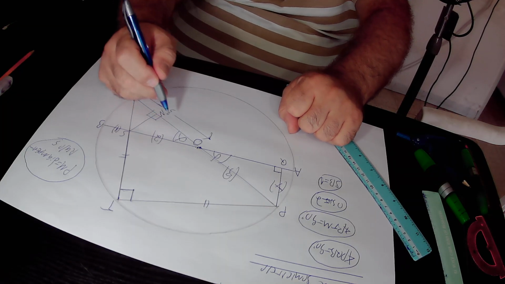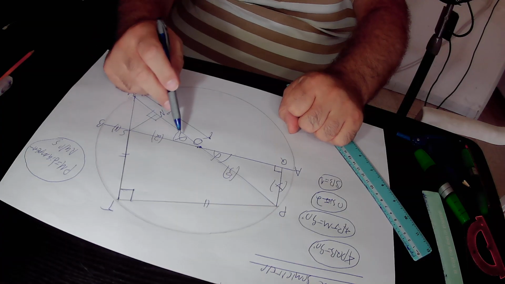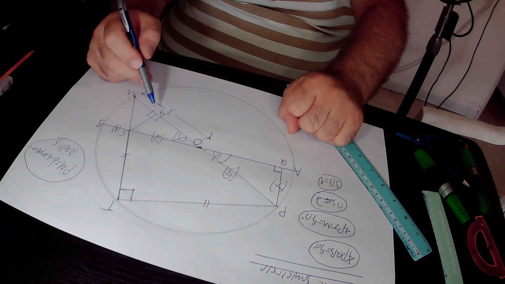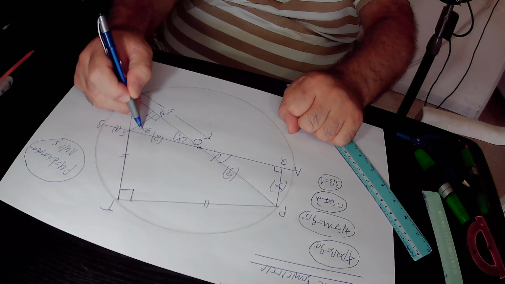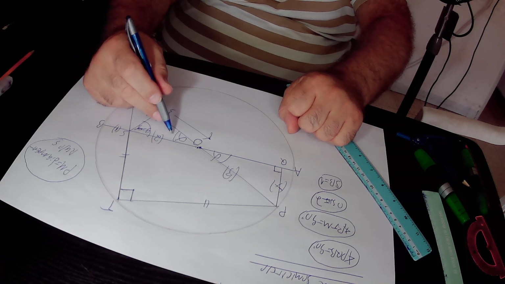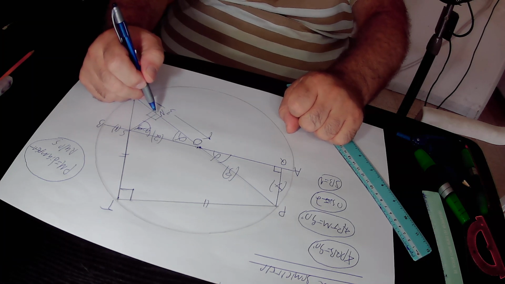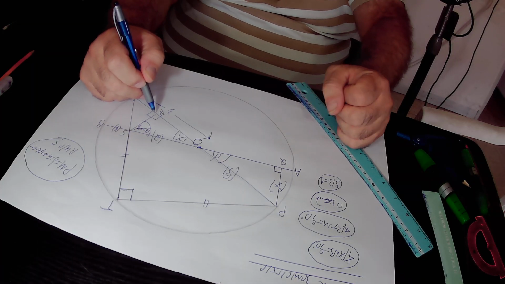So in the right triangle ONS, this angle equals alpha, this angle equals 90 degrees, and therefore this third missing angle must be equal to 90 degrees minus alpha. Why? Because 90 degrees minus alpha plus alpha is 90 degrees, and 90 degrees plus 90 degrees is equal to 180 degrees. That is the sum of the angles in any triangle.